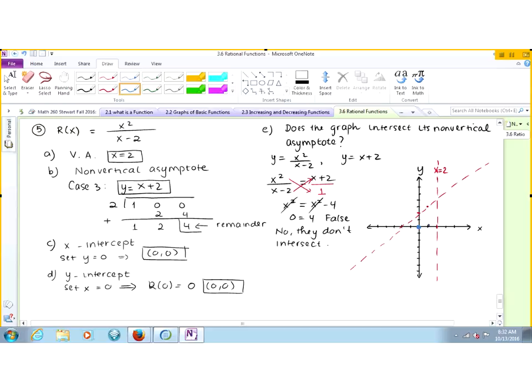How do you think the graph will look? So will it cross this line? Oh, sorry, let's write this line. Y equals x. Will it cross this line? No, how do you know? They don't intersect, so it has to go only here. So it's going to look like this, because it gets closer and closer to the asymptote, right?